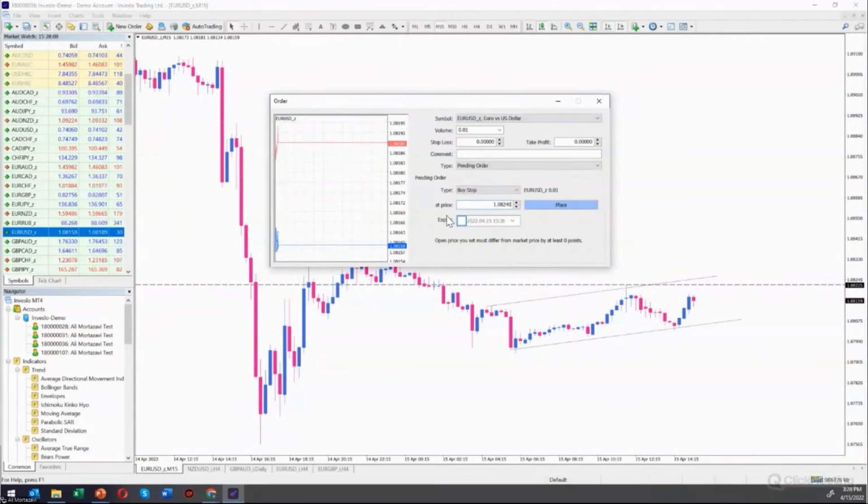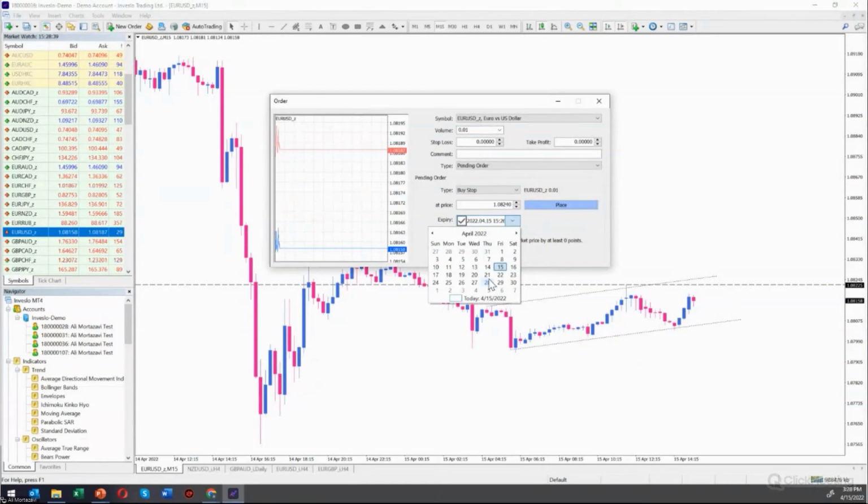And then you also have the option to choose the expiry, which means you want this trade if the market reaches this level today or tomorrow or on any other day. For example, maybe you see that eventually there might be an upside movement in EUR/USD.